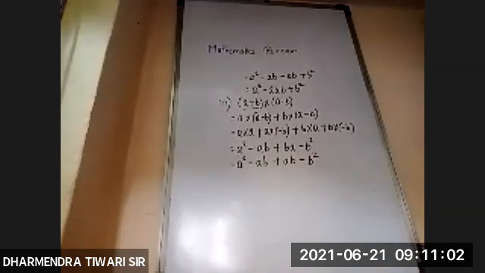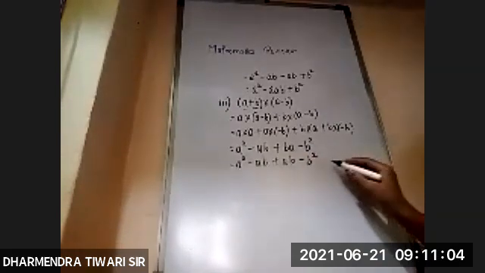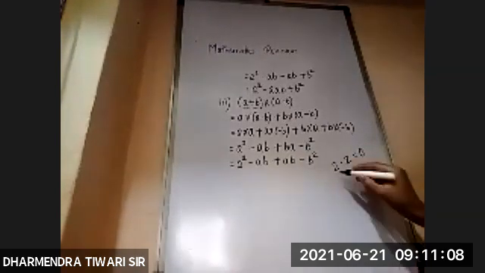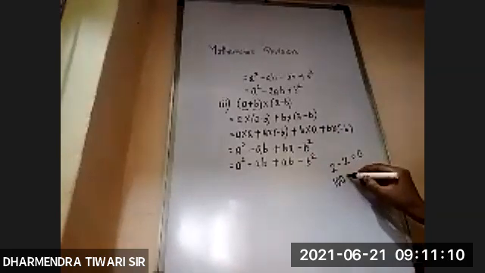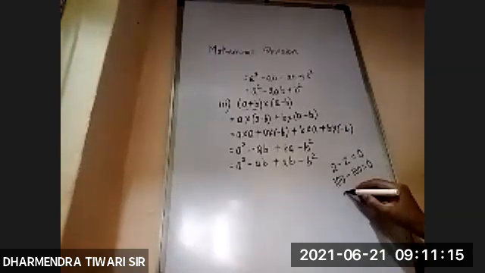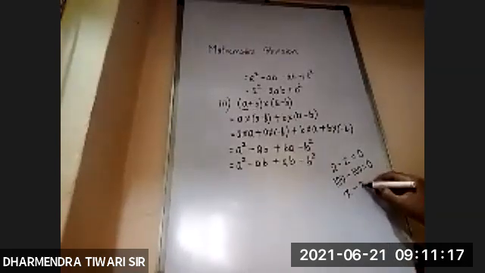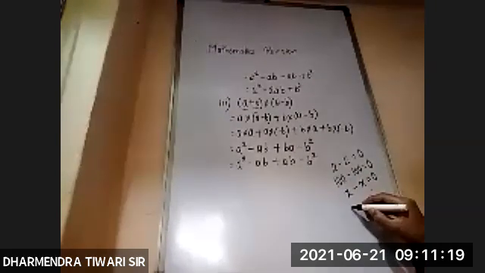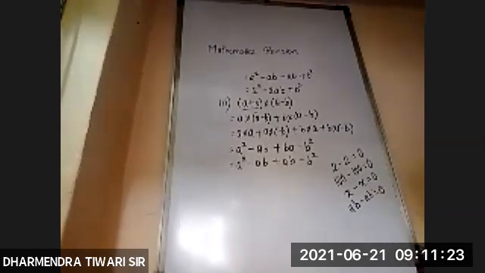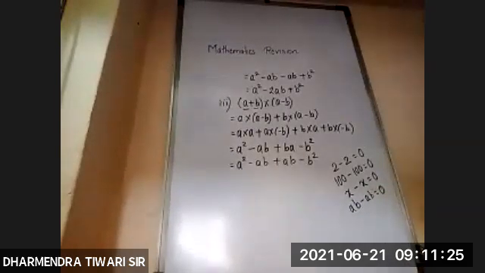And what is the actual feature? If we are having 2 minus 2, what is the answer? 0. If we are having 100 minus 100, what is the answer? 0. If we are having x minus x, answer is 0. Similarly, we are having ab minus ab. What should be the answer? 0. But the things are same, way of writing is different.